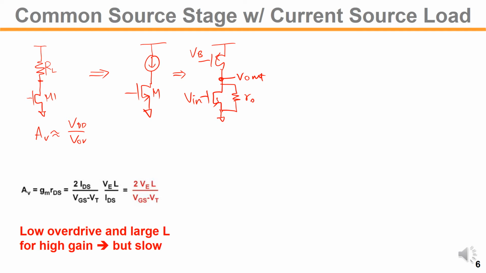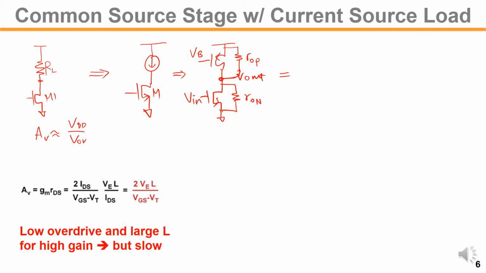So R0 is something you have to consider, and the PMOS current source will also have a finite output resistance.